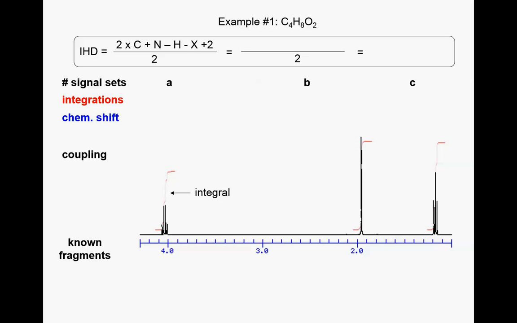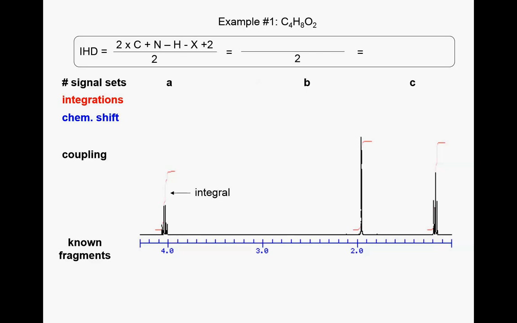So we have some mystery compound. We know the mystery compound's formula, and you'll always be given it. You need the formula so that you can plug all those numbers into our index of hydrogen deficiency, which tells us how many pi bonds or rings we have in our structure.